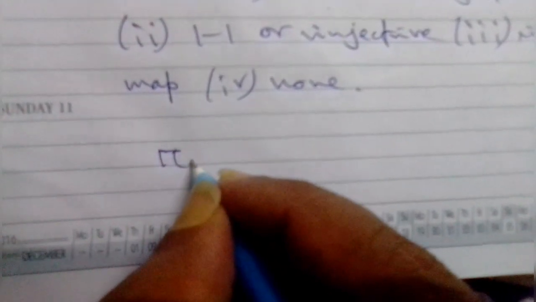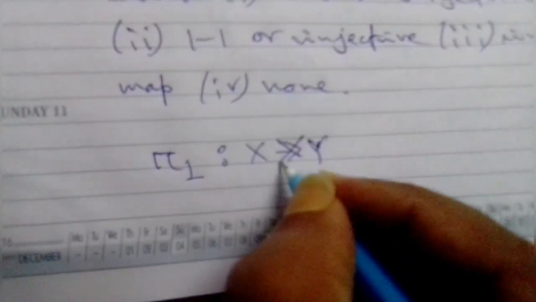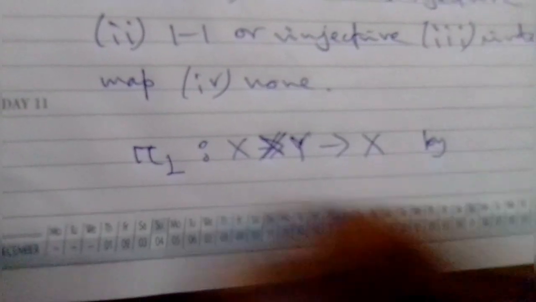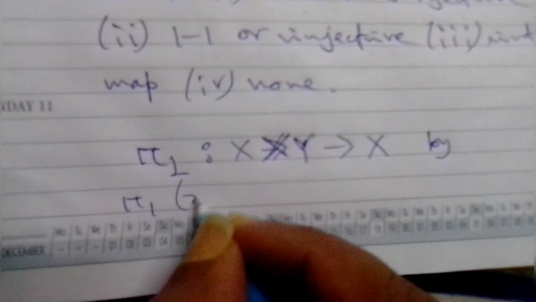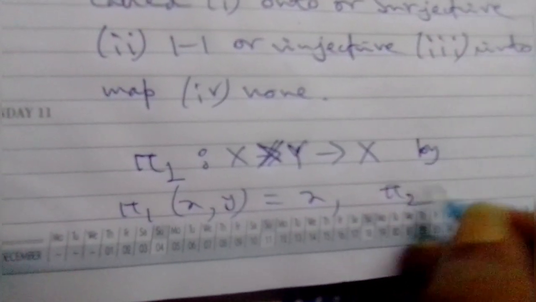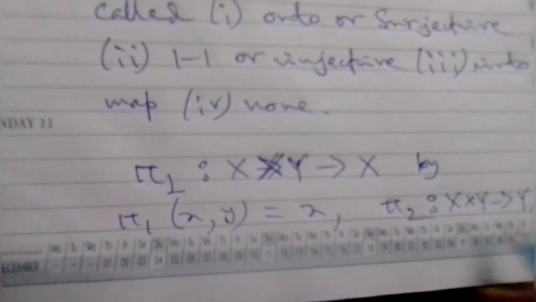At first, if we look into the matter, by definition we have π1 from X cross Y to X, with π1(x,y) = x, and another definition, π2 from X cross Y to Y, π2(x,y) = y.